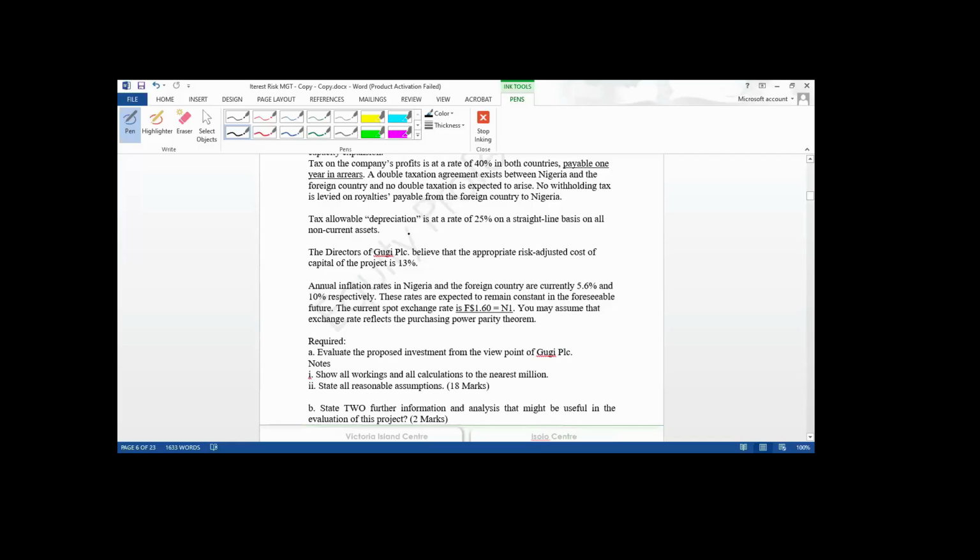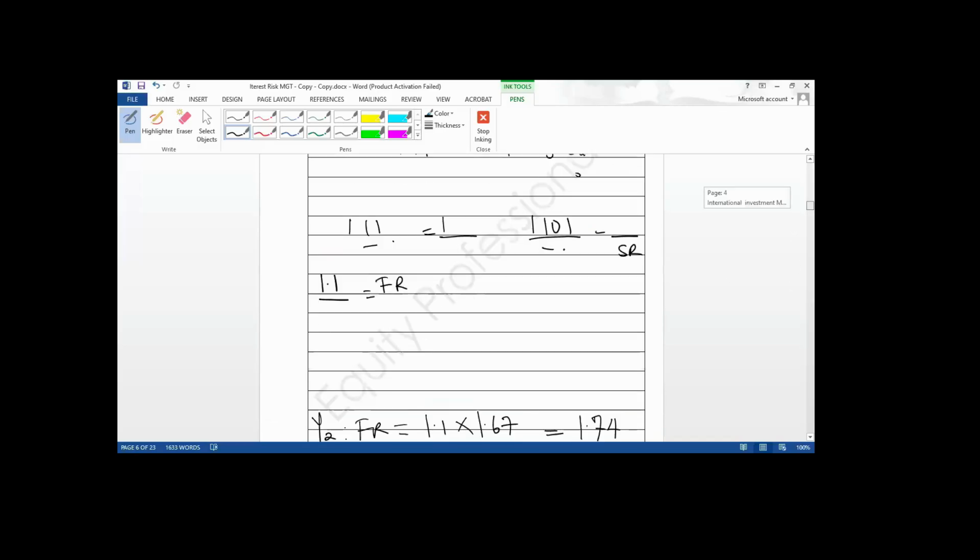Tax allowable depreciation is at a rate of 25% on straight line basis. Let's go and compute this.